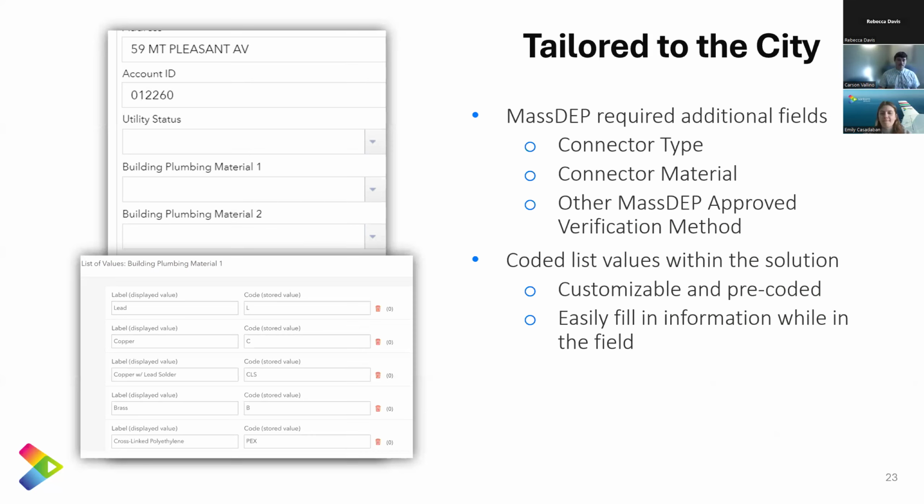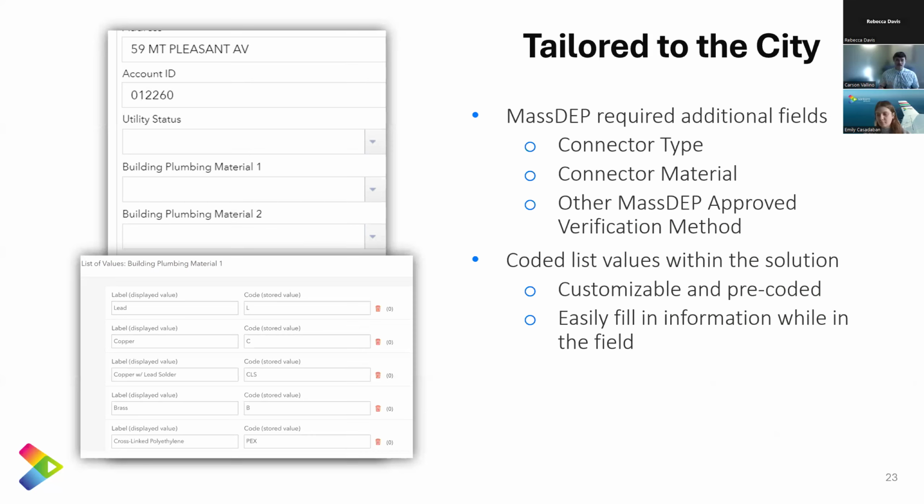So as the lead and copper rule improvements have come out, and now it's apparent that those need to be monitored, tracked, and replaced as well, the city of Gloucester has already been ready to tackle that. They've already got the fields in there. They're already set and ready to go, and they're already tracking that information well before it was a requirement by the EPA.